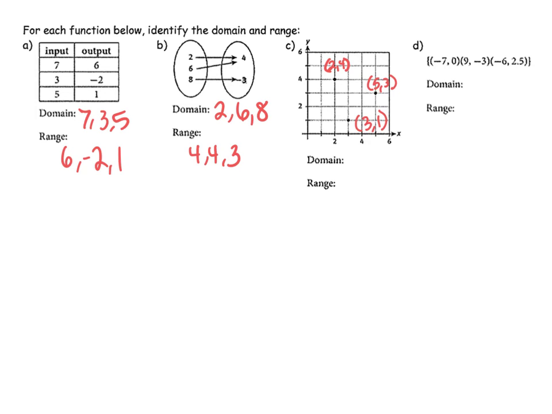Okay. Now you can list the domain. What are the X's? What are the first numbers in the parentheses? 2, 3, 5. What are the ranges? What are the Y's? What are the outputs? No, you have to go in the right order. If I start with 2, then what are you going to put first for range? 1. If I then put 3, what are you going to put next? 1.